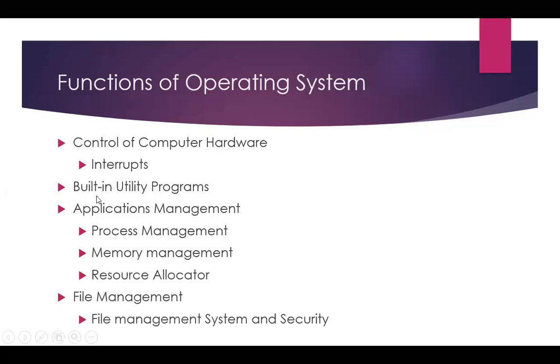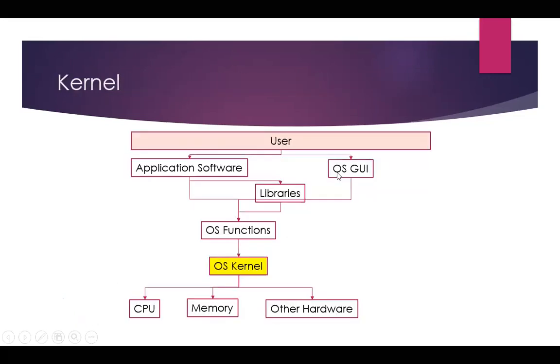Operating system has some built-in utility programs. Like Windows Notepad, then Windows WordPad. So there are few utility programs which we can directly interact with, which are part of operating system. Let me go to previous diagram.